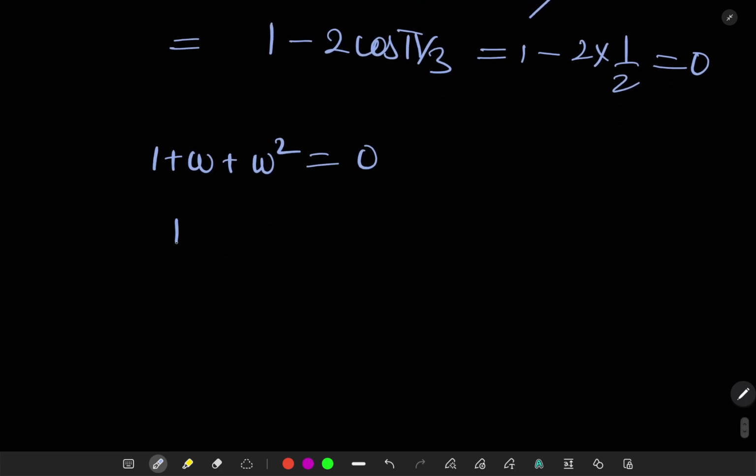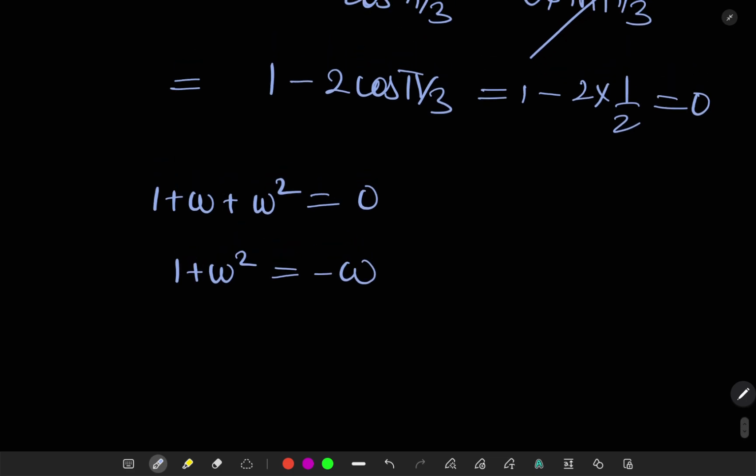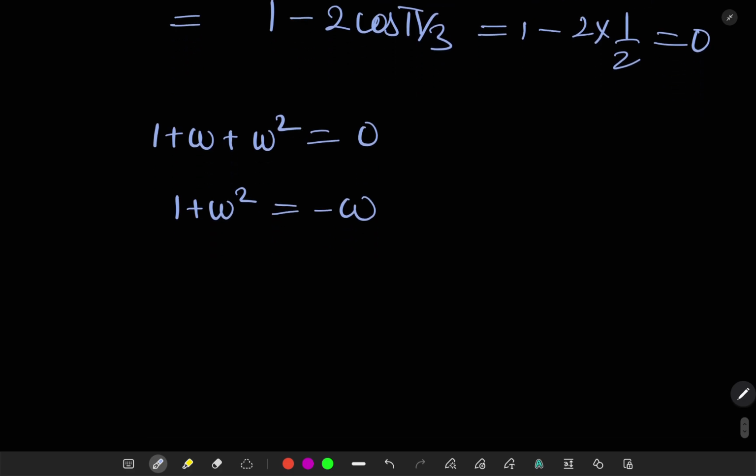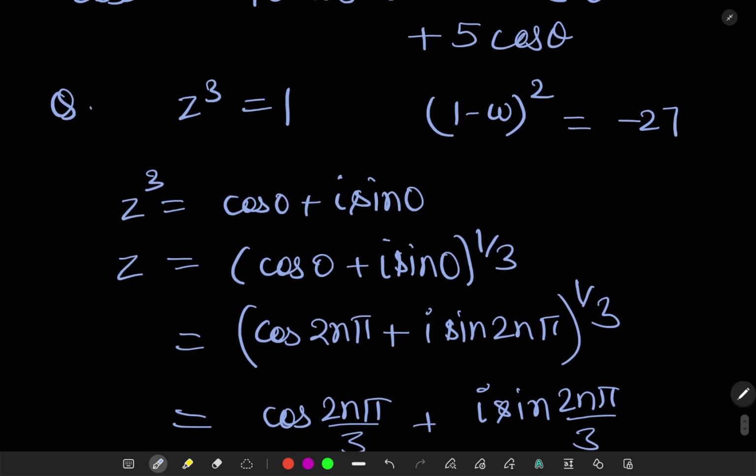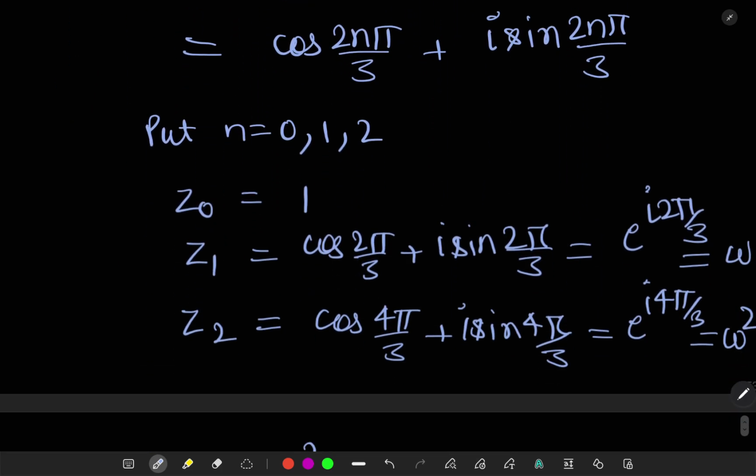So let's take 1 plus omega square is equals to minus omega. So let's here in the given question, this is given 1 minus omega whole square is equals to minus 27.